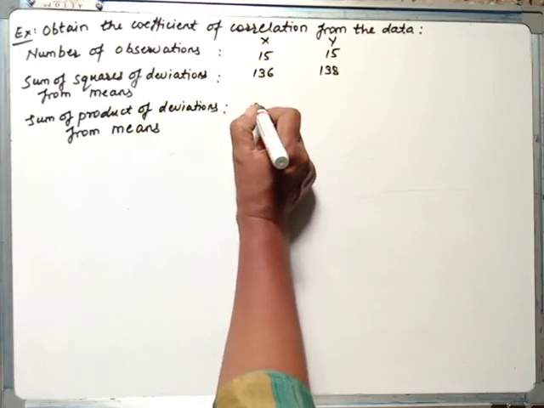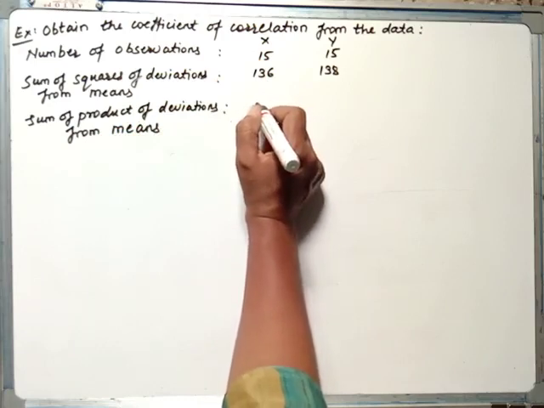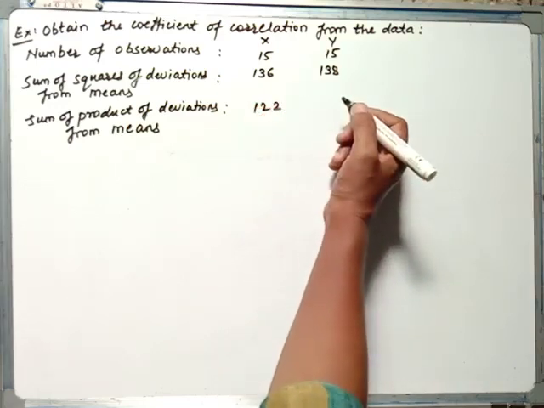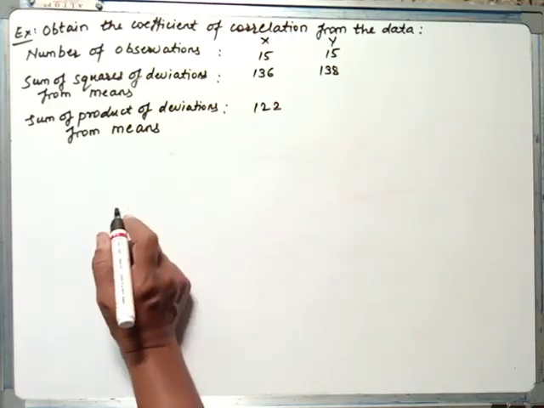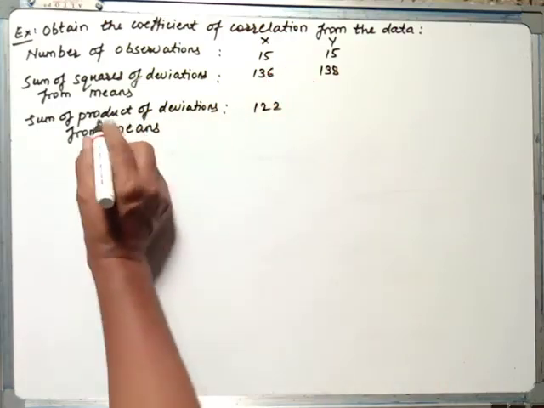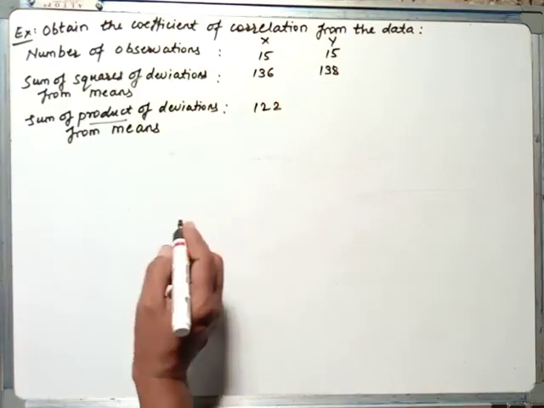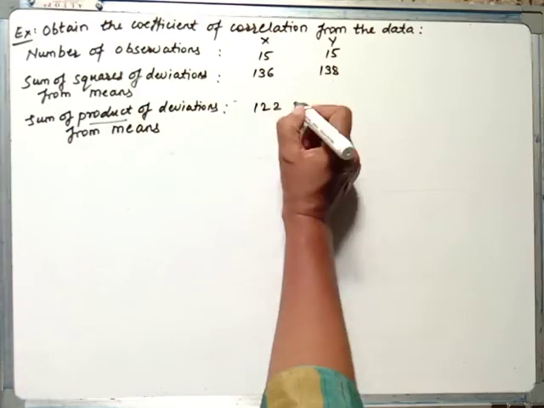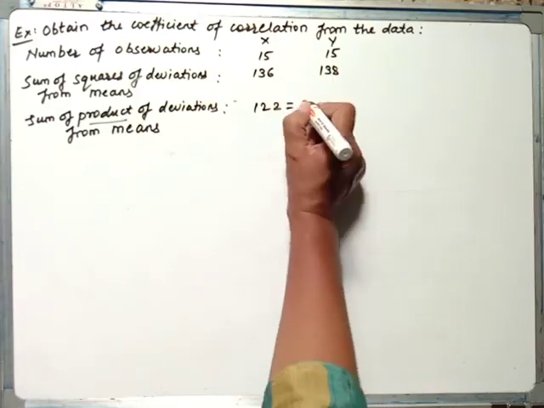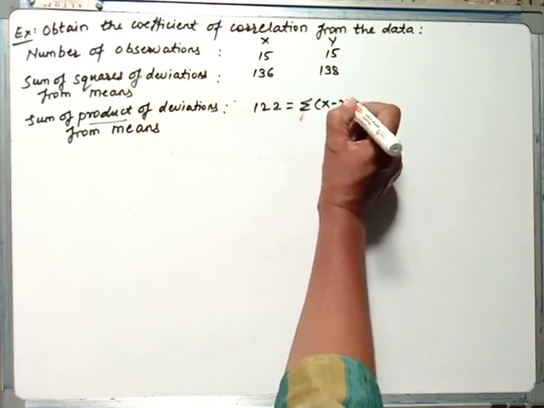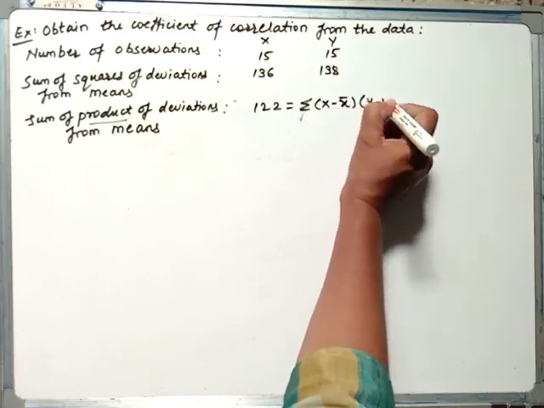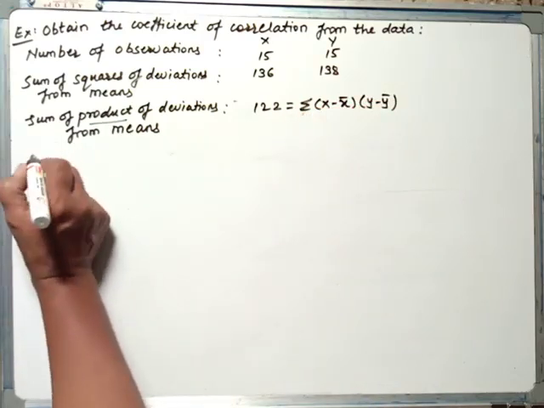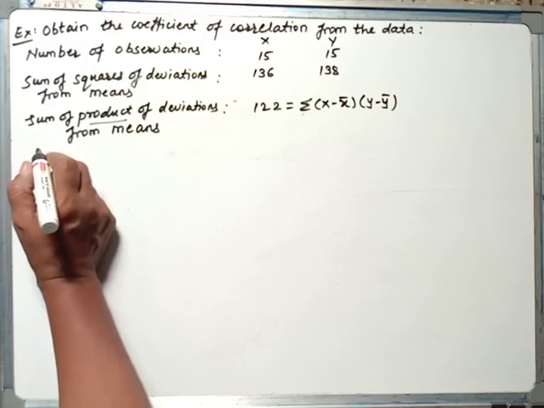This is 122. Okay, not for x only, this is product, meaning for both of them. Okay, so this is a separate one. Remember this. Actually, summation of product of deviations is this one.